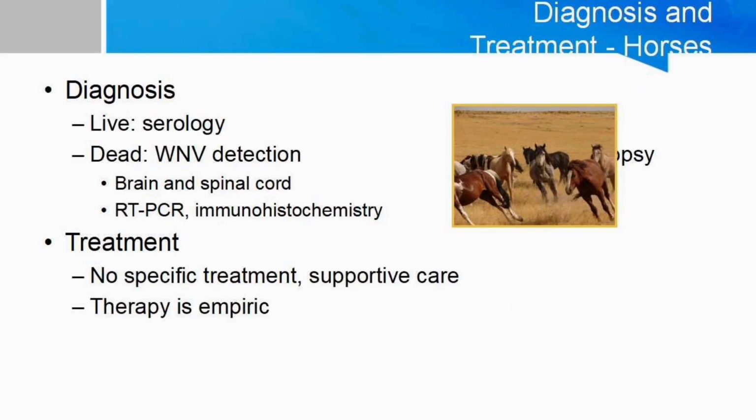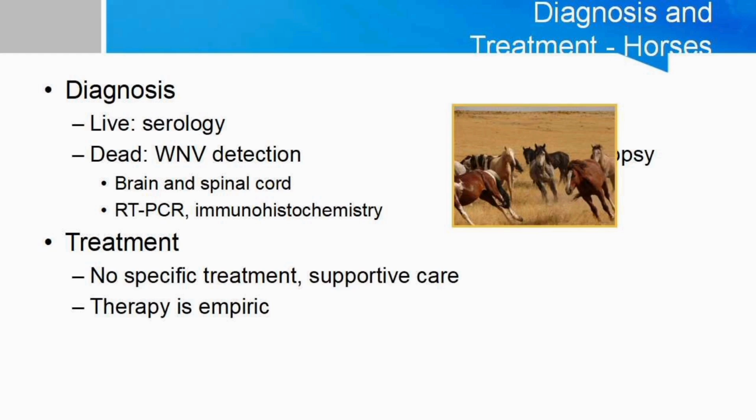In live horses, clinical cases are usually diagnosed by serology. A fourfold or greater increase in West Nile virus specific antibodies in serum, the detection of specific IgM in the cerebrospinal fluid, and the detection of specific IgM in the serum confirmed by specific IgG in the same or later samples are diagnostic.